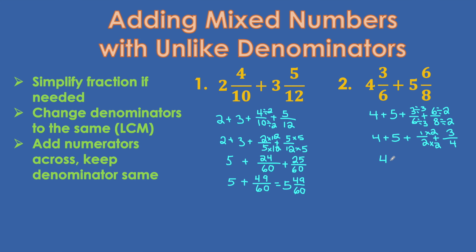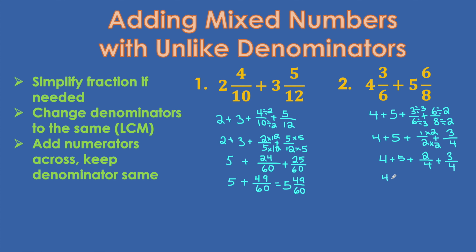And we have 4 plus 5 plus 1 times 2 is 2, 2 times 2 is 4, plus 3/4.